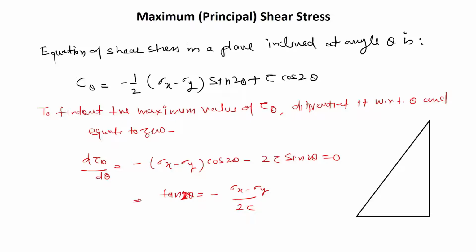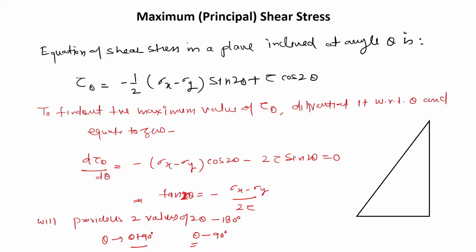This equation will provide us two values of 2 theta differing by 180 degrees, or we can say two values of theta differing by 90 degrees. The first plane will be at theta and the second plane will be at theta plus 90 degrees. So from here we can say the maximum shear stress planes lie at right angles to each other.